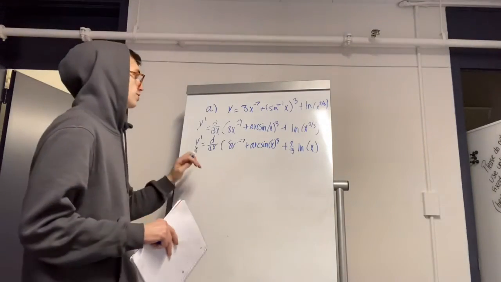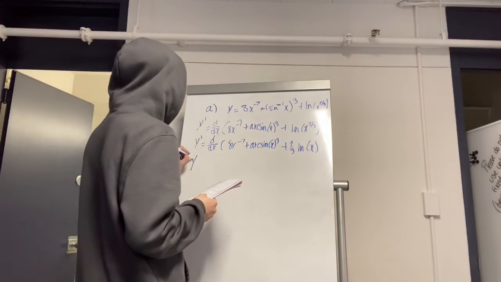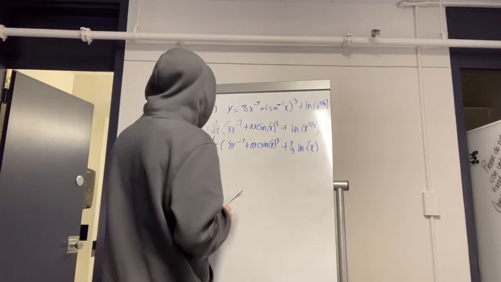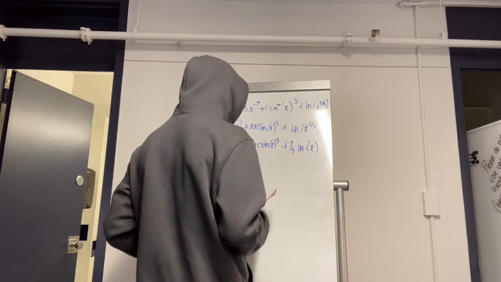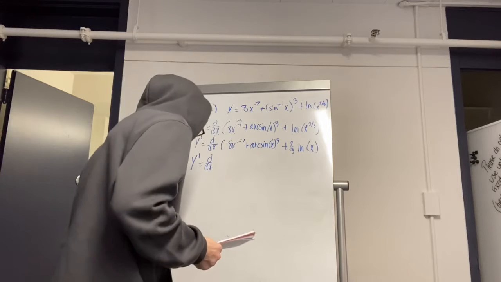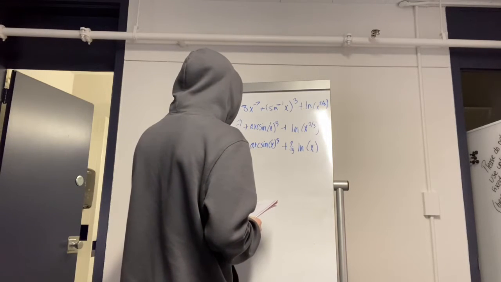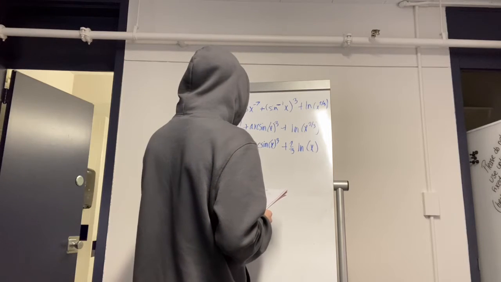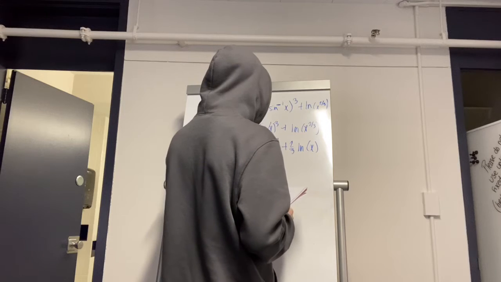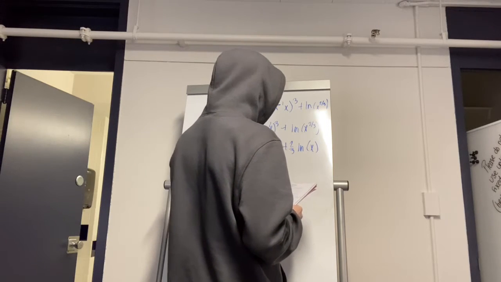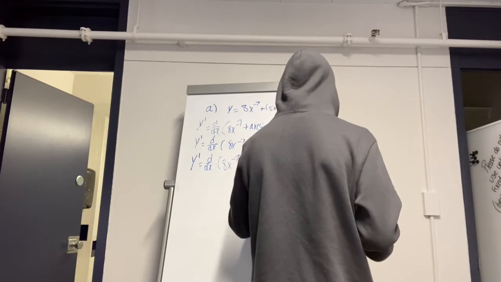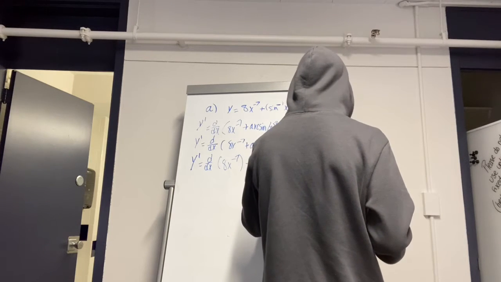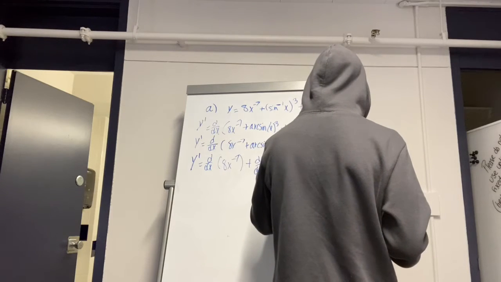Alright, from here we are going to use our differentiation rules. We're going to do y prime equals d over dx 8x to the negative 7 plus d over dx of arc sine x cubed plus d over dx of 2/3 natural log of x.